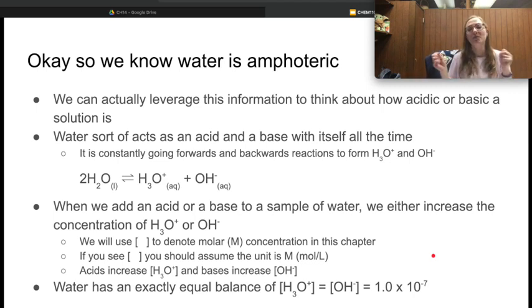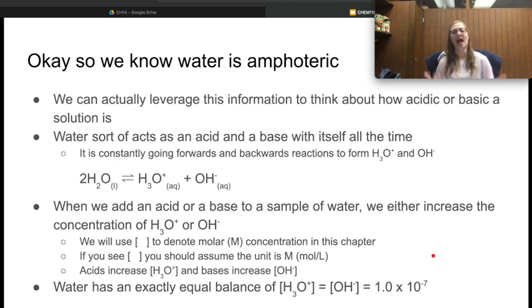So you might have two water molecules that pass one of their protons between them and go back and forth between being water molecules or being H3O+ and OH-. Two water molecules, H3O+, OH-, back and forth, passing that proton throughout the solution. So water isn't technically just pure H2O. It's going back and forth with this reaction of H3O+ and OH- as well.